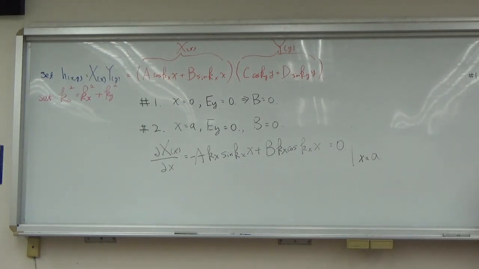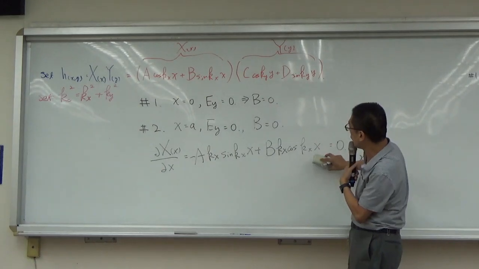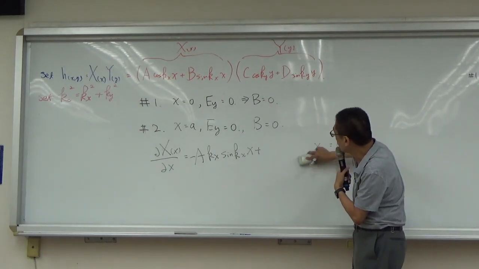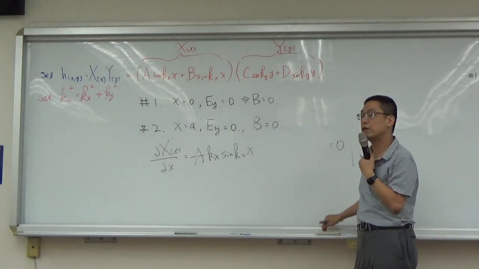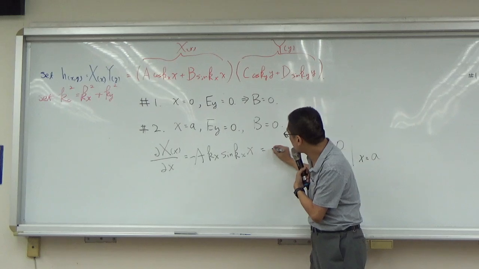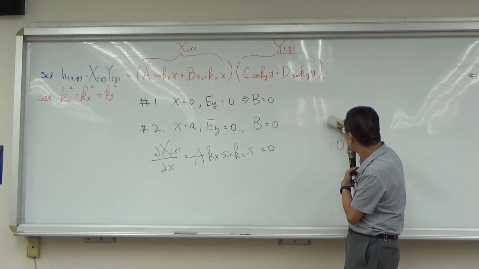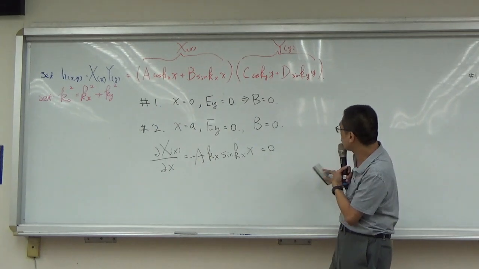Boundary condition 2. Okay? But I know from boundary condition 1, I know B is 0. So I don't have this term anymore. B is 0. And for this one, it's 0, x equals to a.